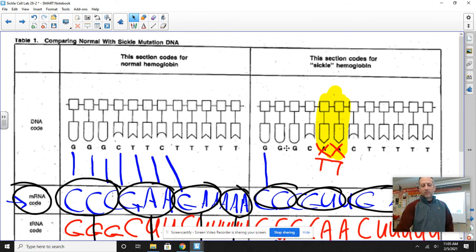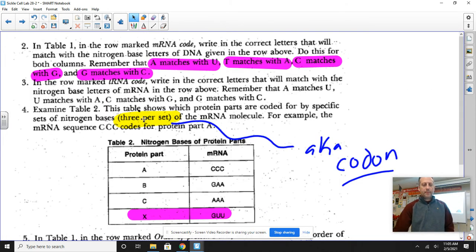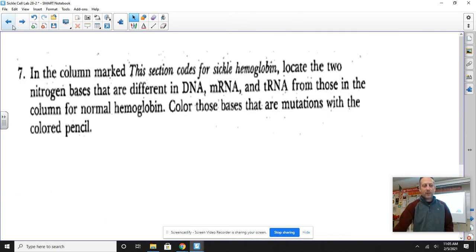Next, the instruction tells us to do this. Now we got the tRNA. Every 3 tRNAs have a protein part attached to them. Well, tRNA codes from the mRNA, actually. So if we look at that mRNA, I'm going to circle every 3 of them.